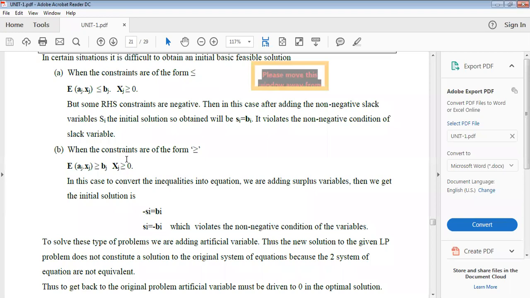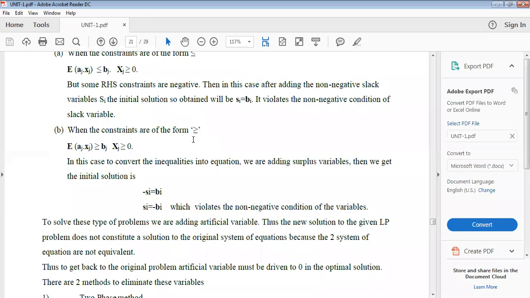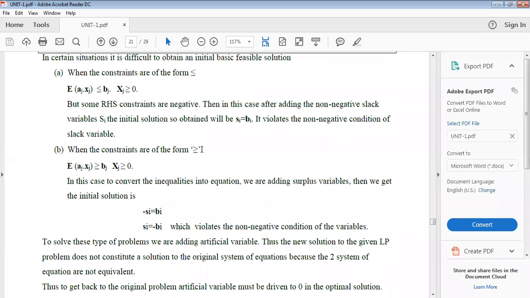Next, when the constraints are in the form of greater than or equal to, he has given certain conditions on how to deal with them.